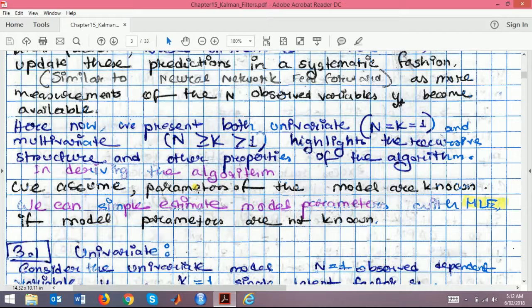Generally the earlier initialized parameters are removed, or it is best to start your process using parameters that are estimated with maximum likelihood estimation if you don't know the parameters. So it is best to start by estimating the model parameters with MLE and then moving forward from there.